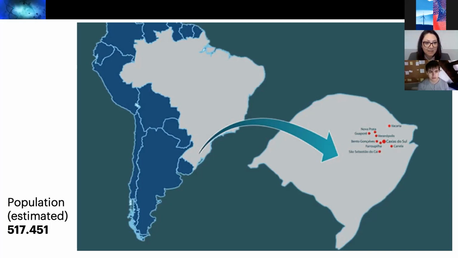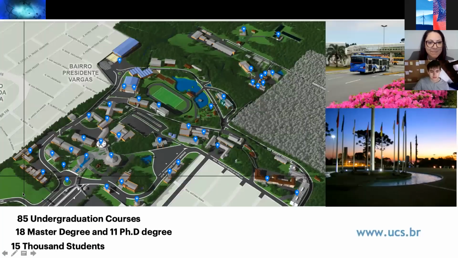And the University of Caxias do Sul, this is the map of the main campus, the main location. We have 85 undergraduate courses, 18 master's degree and 11 PhD degree courses, and around 50,000 students this year.